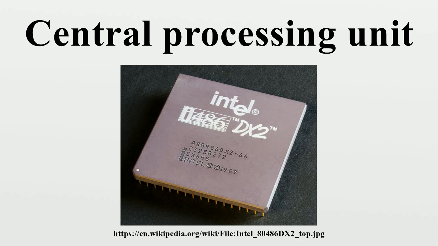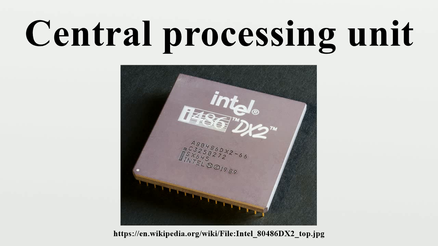Operation. The fundamental operation of most CPUs, regardless of the physical form they take, is to execute a sequence of stored instructions that is called a program. The instructions to be executed are kept in some kind of computer memory. Nearly all CPUs follow the fetch, decode and execute steps in their operation, which are collectively known as the instruction cycle.